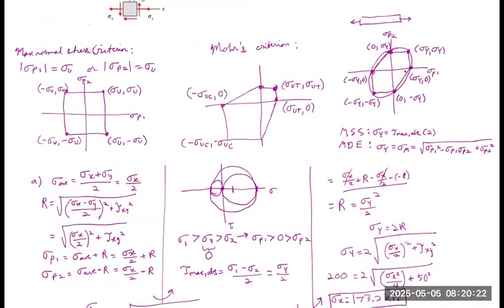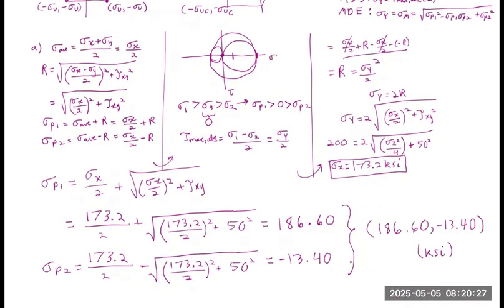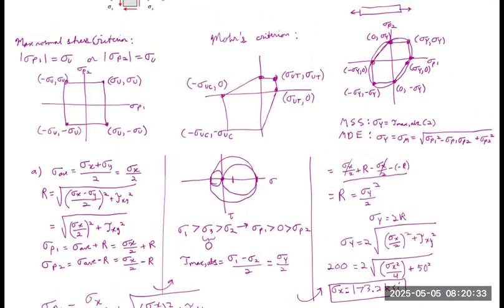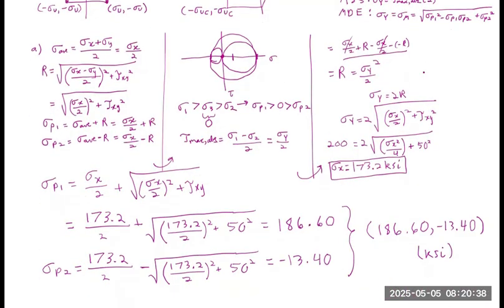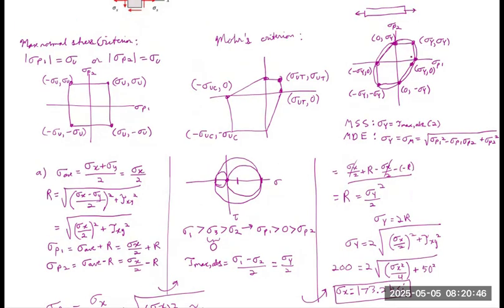This checks out because for that value, we have a small value for principal stress 2, which is negative 13.40, and this very small distance over here is close to 13.40. So although it lies on the diamond graph, the maximum shear stress graph, it does not lie on this outer ellipse. So only the MSS theory, the maximum shear stress theory, predicts failure.